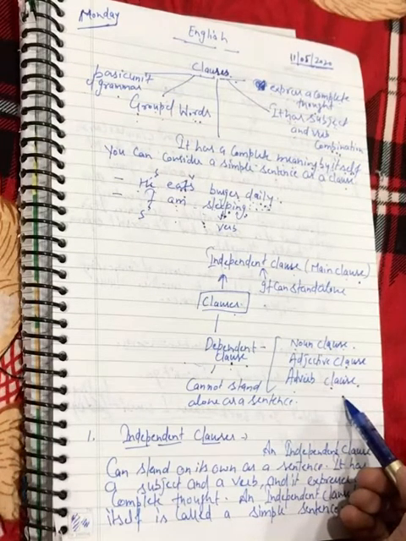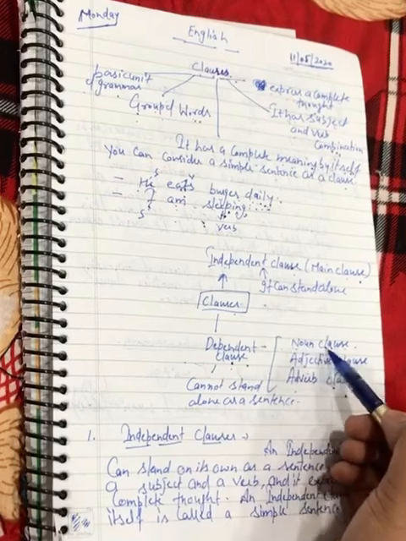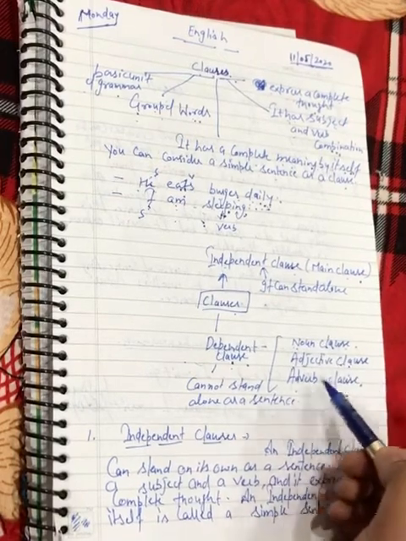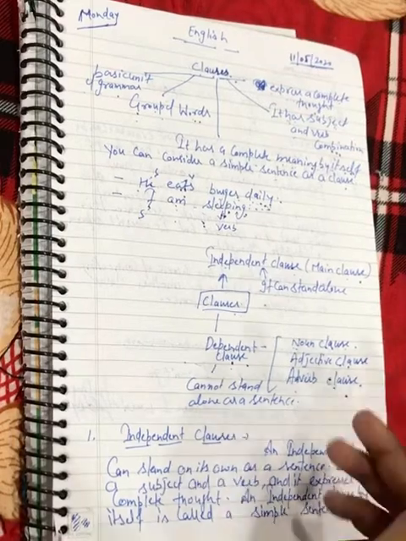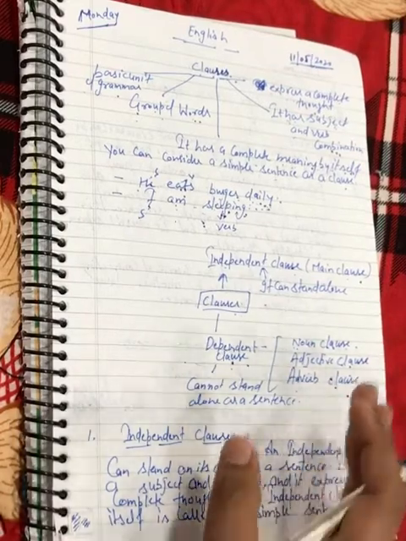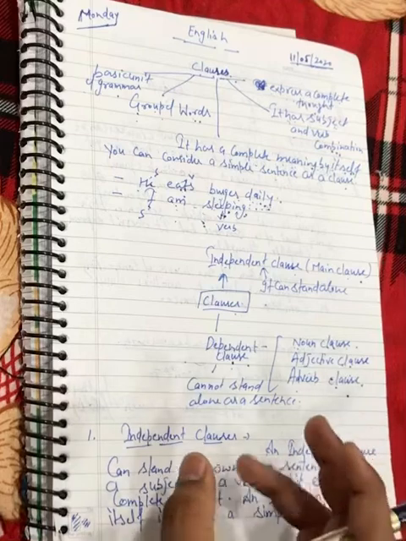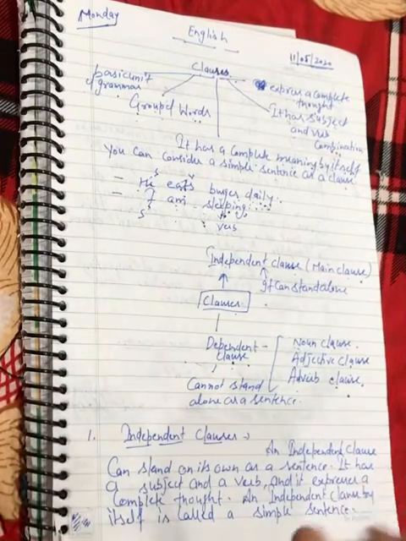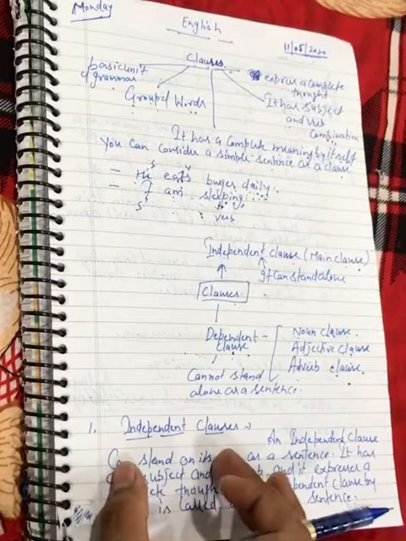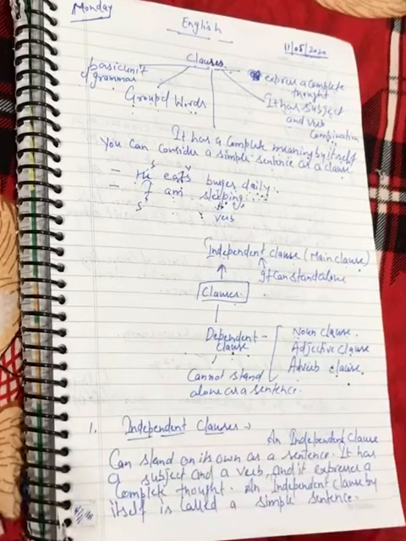I'll explain noun clause, adjective clause, and adverb clause tomorrow. But today I'll only tell you what a clause is, what an independent clause is, and what a dependent clause is. I already told you what a clause is, and now I'm talking about the independent clause.